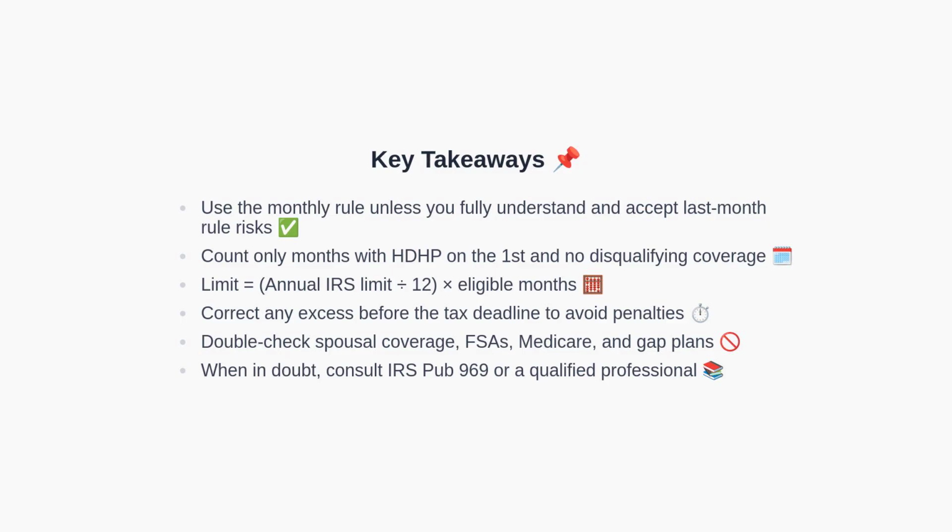Third, compute your limit as the annual IRS limit divided by 12 times your eligible months. Fourth, correct excess contributions before the tax deadline. Fifth, double-check spousal coverage, FSAs, Medicare, and any gap or supplemental plans. Finally, when in doubt, consult IRS Publication 969 or a qualified professional.